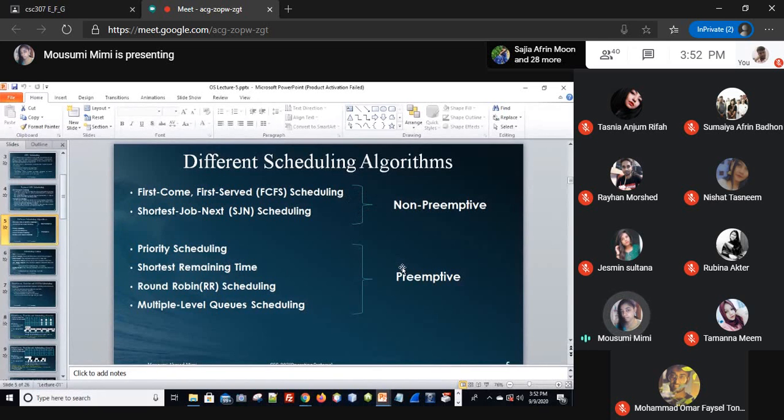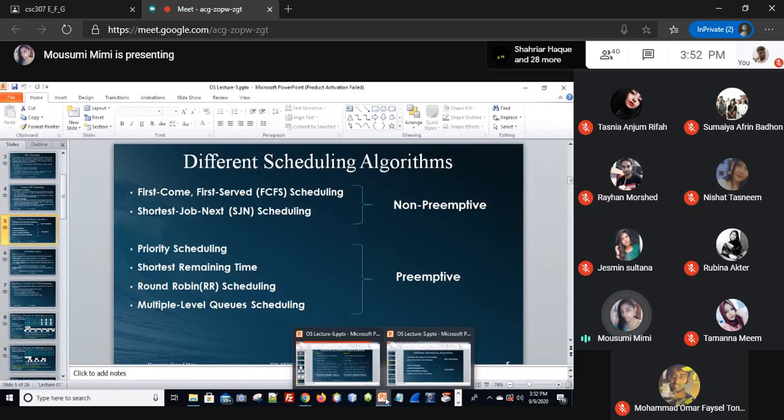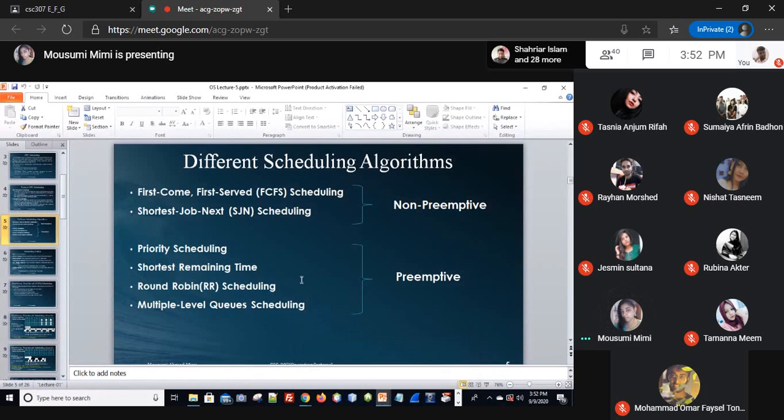The second thing, shortest remaining time. At first the processor takes the process that comes first if the arrival time is different. When it starts to do some user task, if another task comes which has the smallest remaining time, it stops that task and jumps to the next task.